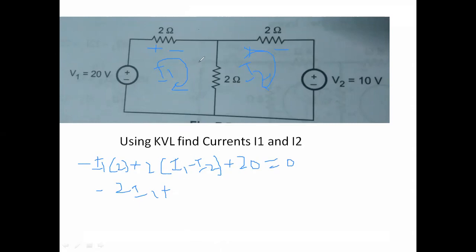So this is the plus and minus. So this is the minus of 2 into I1 minus I2.